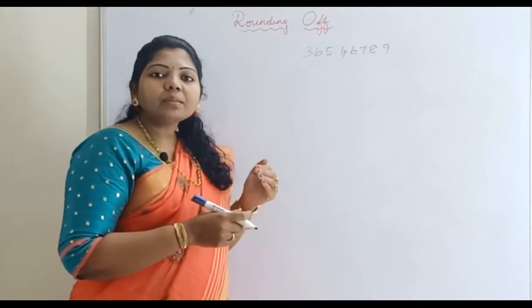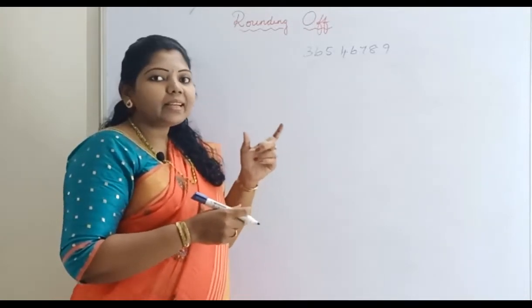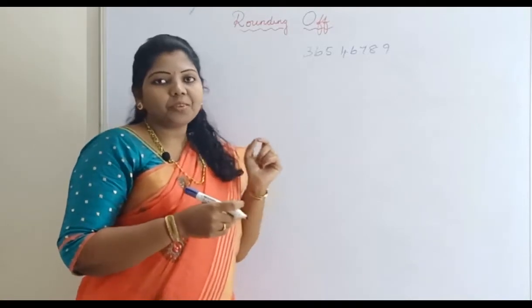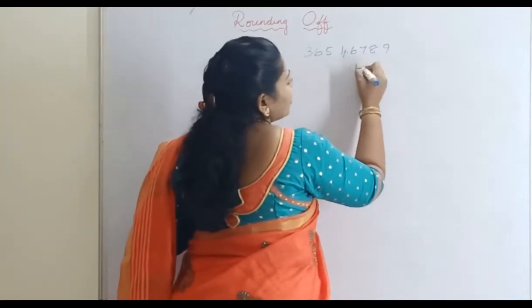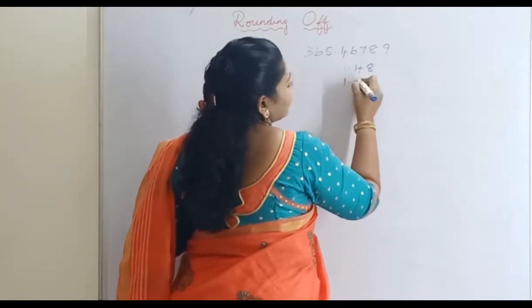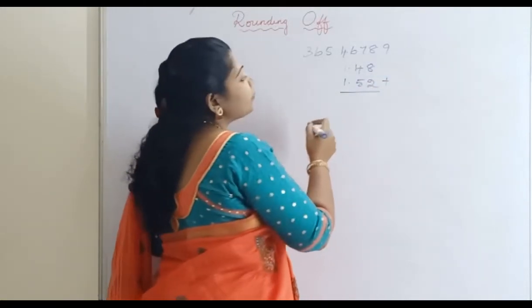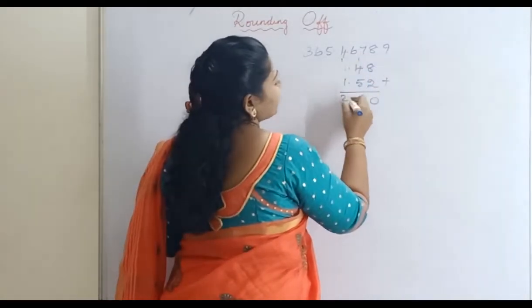Here, we should see the data which is used for the calculation and check how many significant digits are there in that data. Suppose you are adding 1.48 and 1.42, two numbers. What will you get? 3.